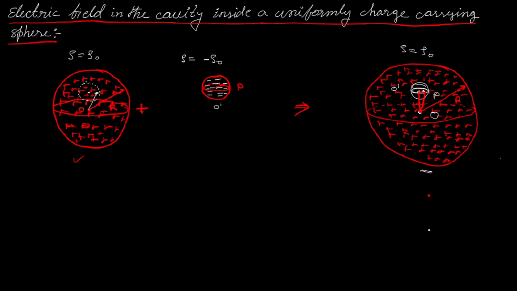We have the O dash vector, the O dash P vector, and this will give you the OP vector.